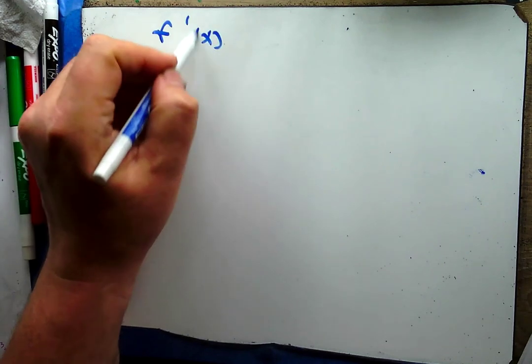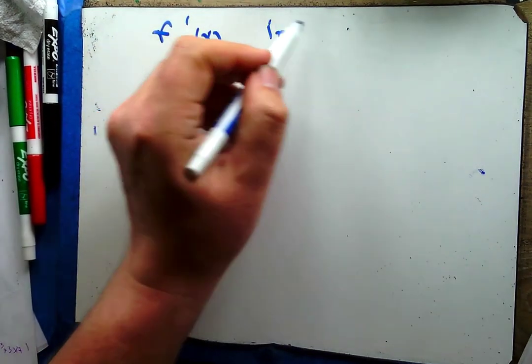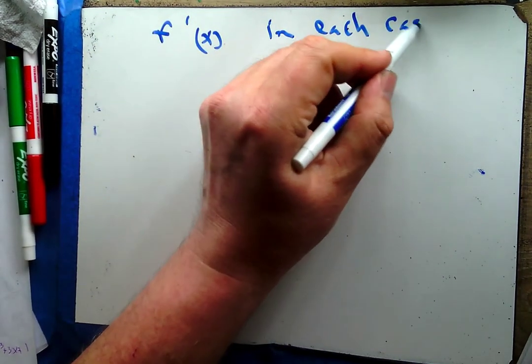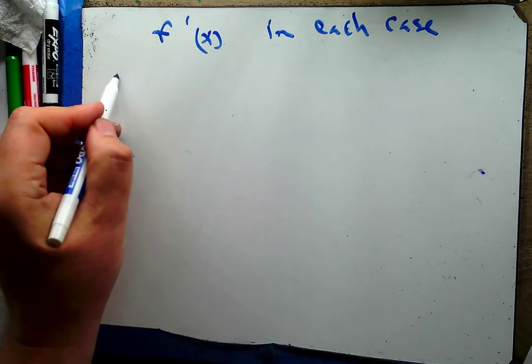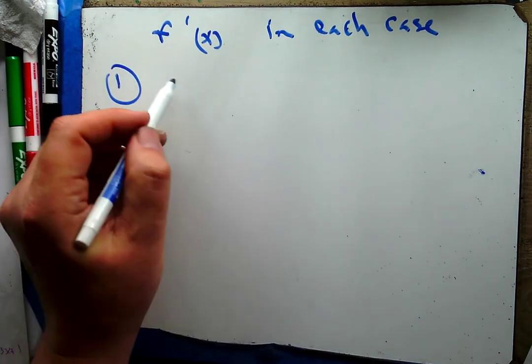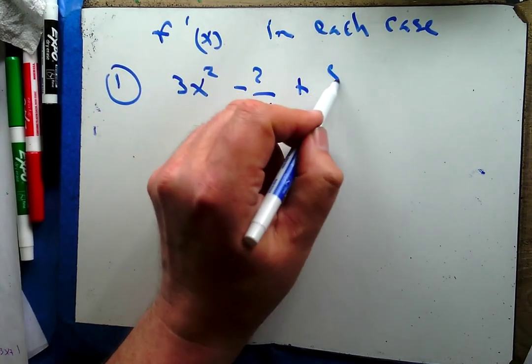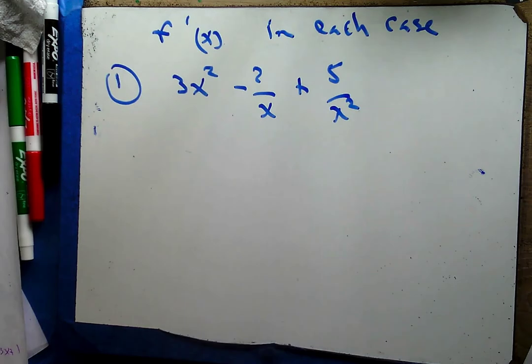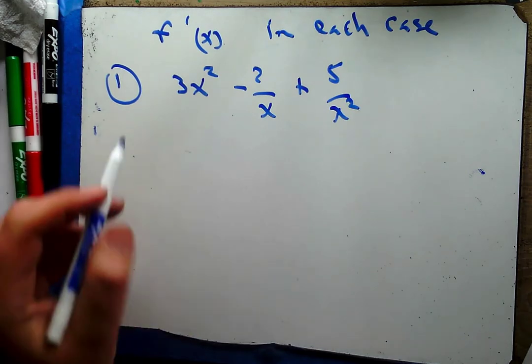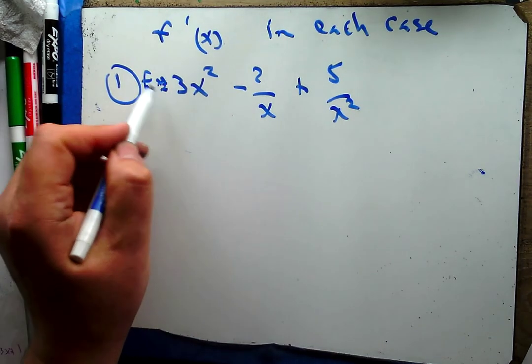Please find f prime of x in each case. Okay, 1. 3x squared minus 2 over x plus 5 over x squared equals f of x.